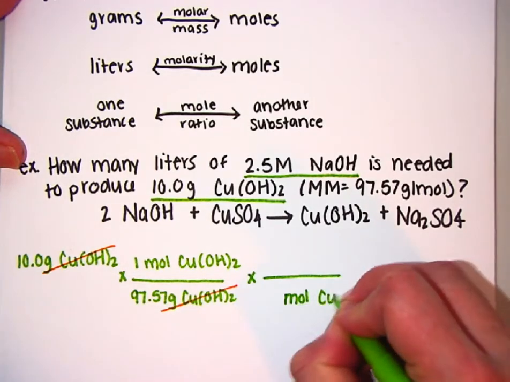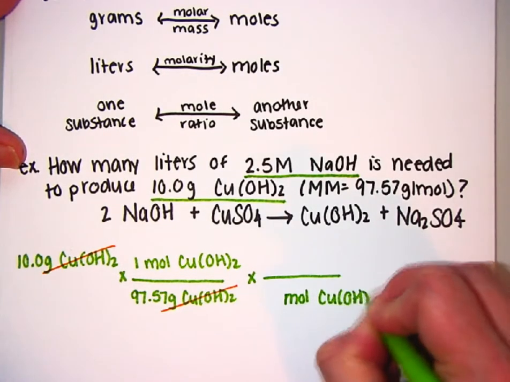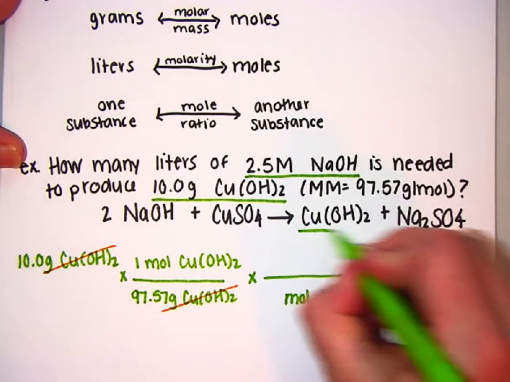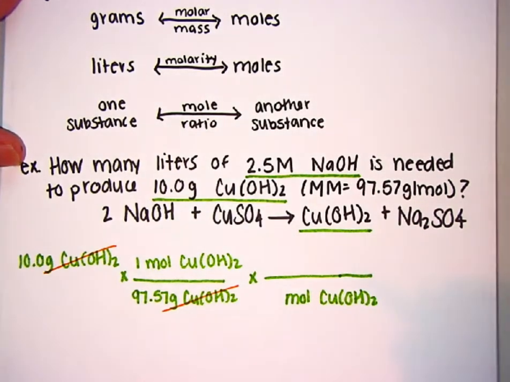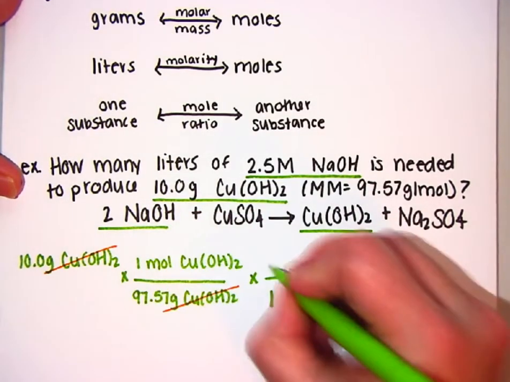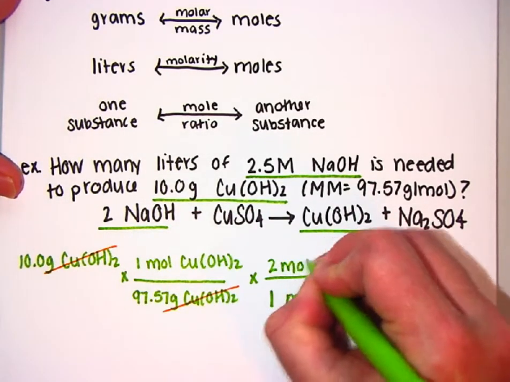So moles of copper 2 hydroxide will go in the denominator. And then we look at our balanced equation to figure out the number of moles. The number of moles will be equal to the coefficient, which is 1. Whatever you're solving for always goes in the numerator. So I'm solving for sodium hydroxide, and I have 2 moles of sodium hydroxide.